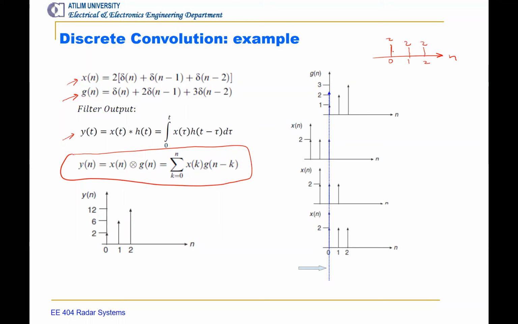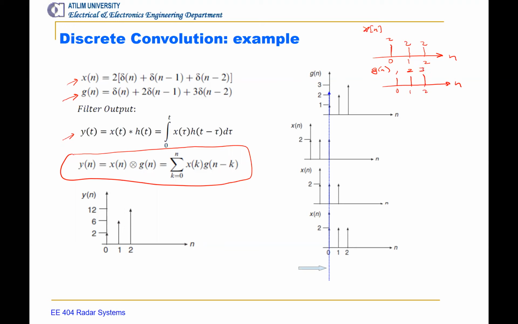Okay, and this is x of n. And for g of n, at 0 it's 1, at 1 it's 2, and at 2 it's 3.